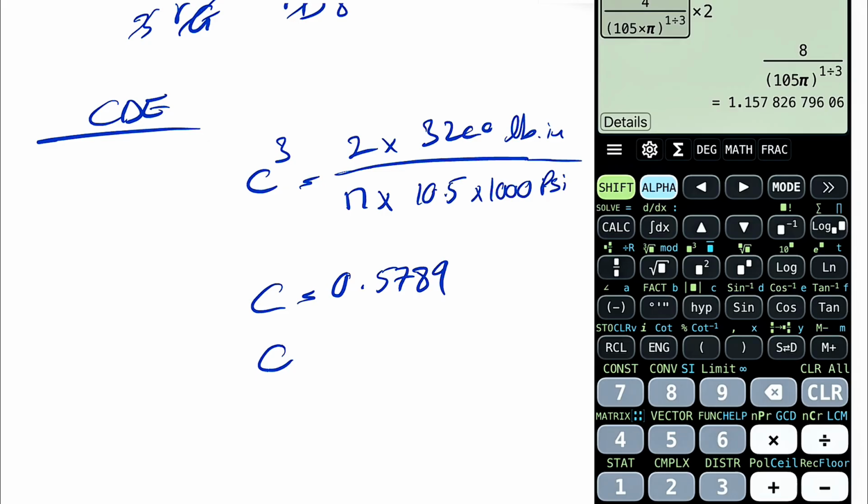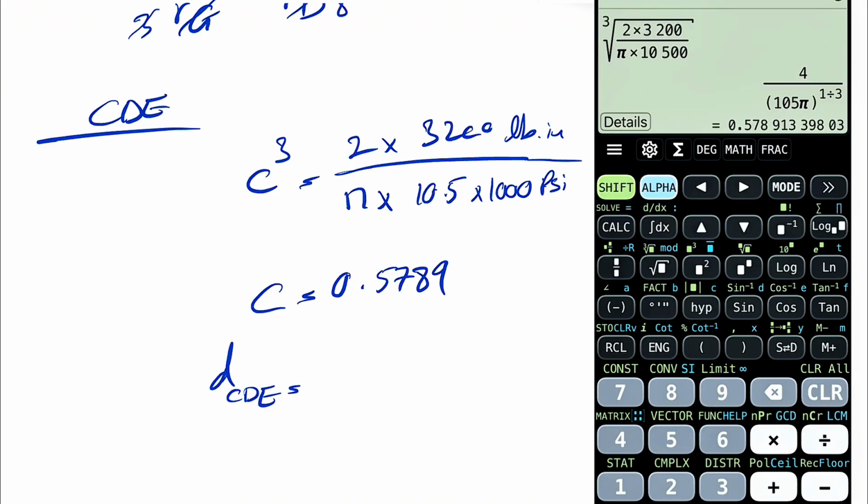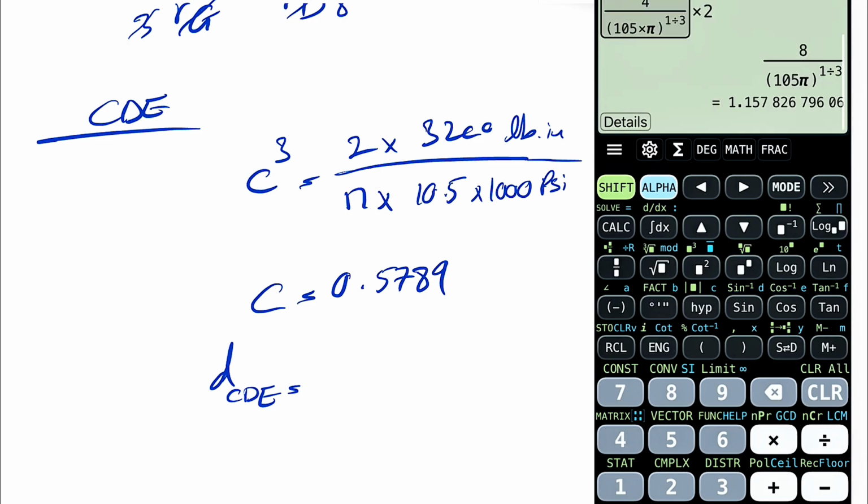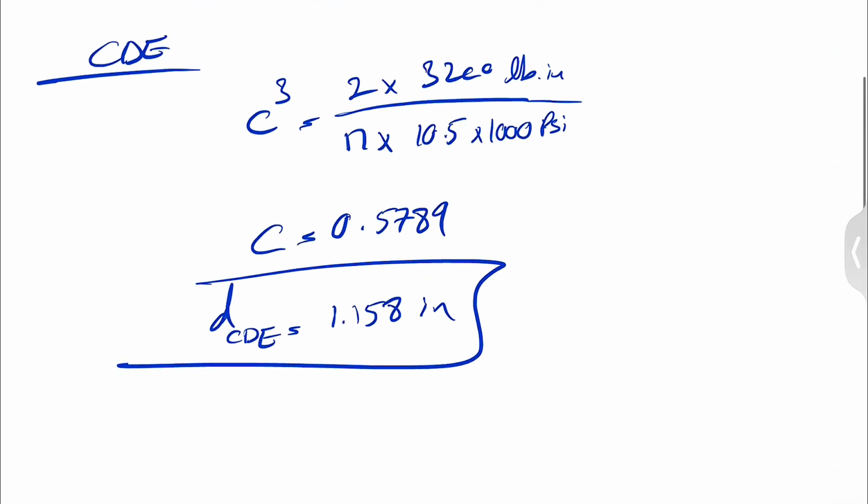So the diameter of CDE is going to be 1.158 inches. So that's the answer for the A part.